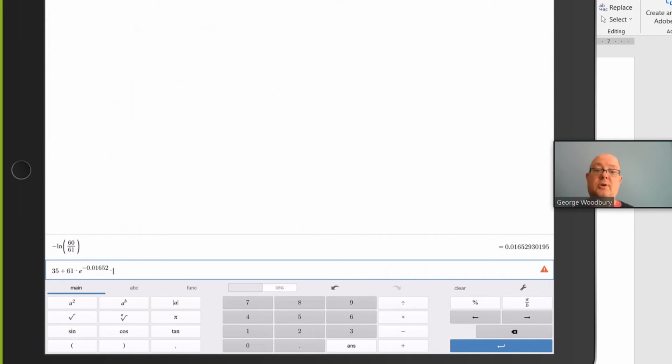Notice what happened there: because I didn't use parentheses, it dropped the multiplication down instead of being in the exponent. So let me go back and put parentheses, negative 0.016529 times 6, much better. And there we get 90.2 degrees.